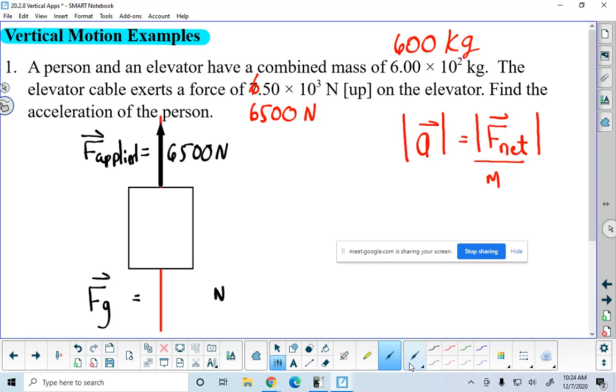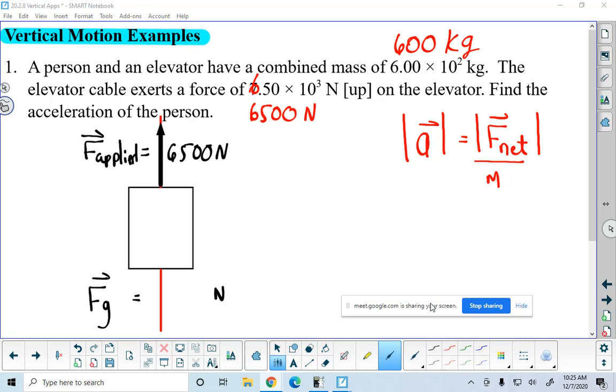And the reason we're going to calculate it is, think about this for a second. What if we got 8,000 newtons for a force of gravity? If the force of gravity were 8,000 and the elevator is being pulled up with 6,500, the elevator wouldn't move. So we have to calculate that on the side. There's a little detour that we take.